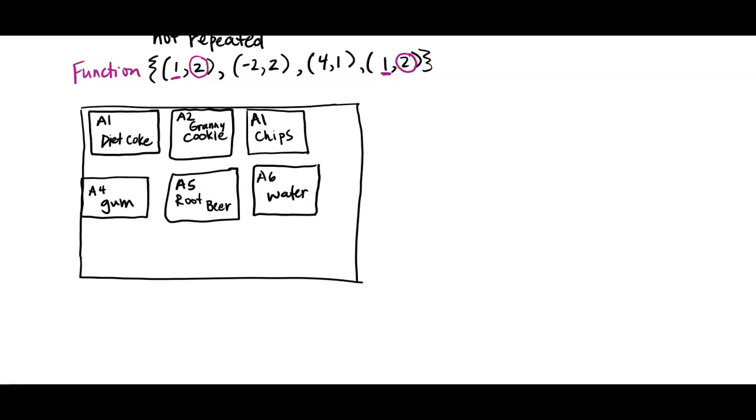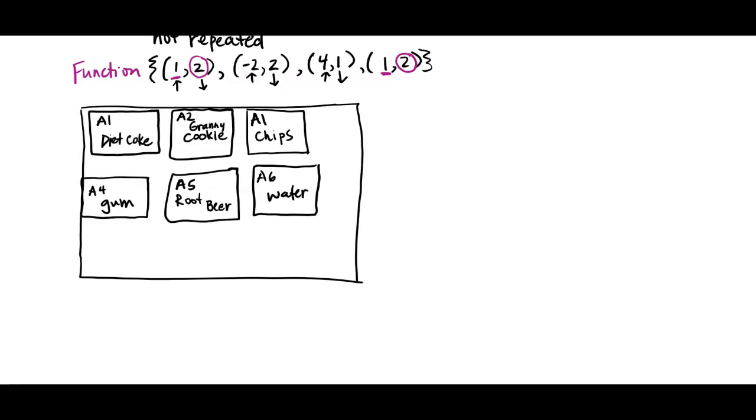That's what's happening here. When I punch 1 into the function, I know 2 is coming out. When I put -2 into the function, I know 2 is coming out. When I put 4 into the function, I know 1 is coming out. That's how these are related to what's happening here.